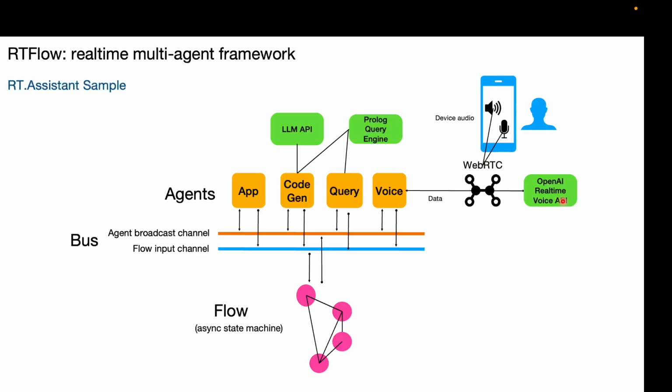That audio will be sent to the real-time API, which will convert that into a natural language query, and then we'll send that over the data channel to the voice agent as a tool call.